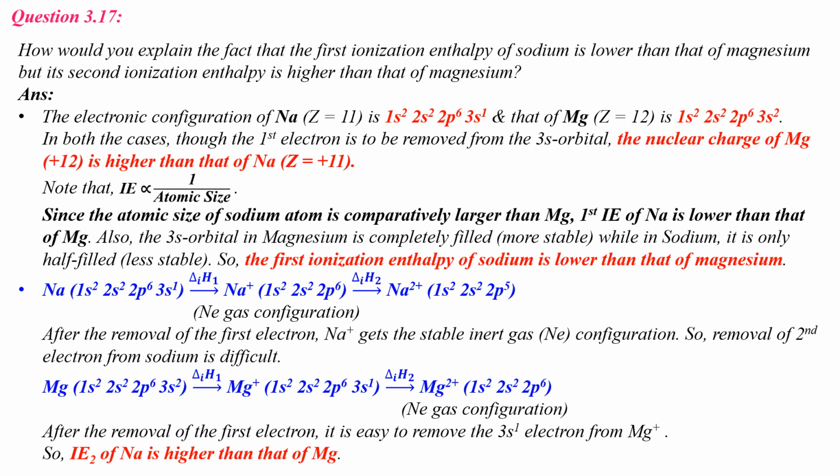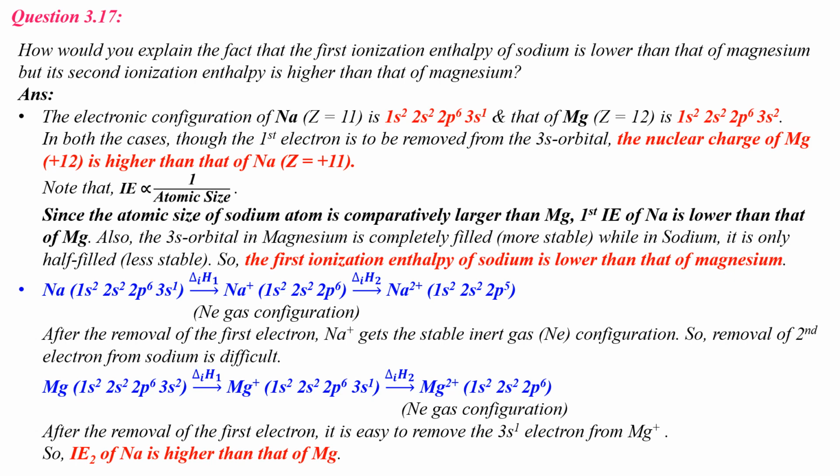What do you mean by nuclear charge? It corresponds to the number of protons present in the nucleus. Okay, since the atomic number of magnesium is 12, there are 12 protons in its nucleus. So the nuclear charge of magnesium is plus 12.